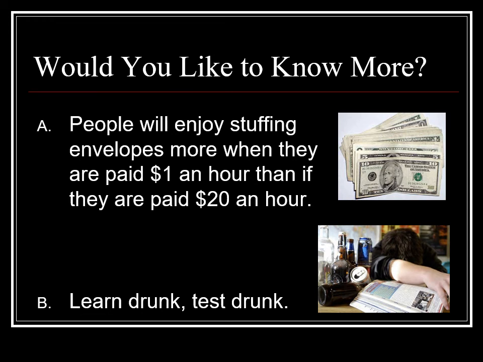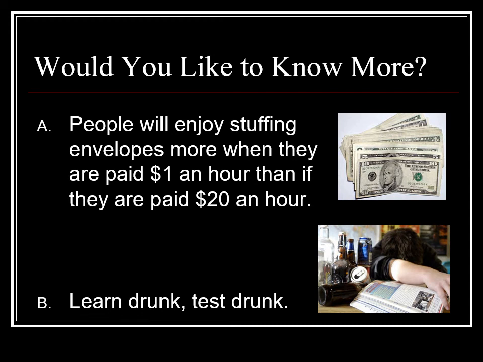A week later, they're brought in and again randomly assigned to either get drunk or not get drunk. And then they're given a test on the material. And what they found was that if you had learned sober and were tested sober, you did very, very well. If you learned drunk and were tested drunk, you did decent.